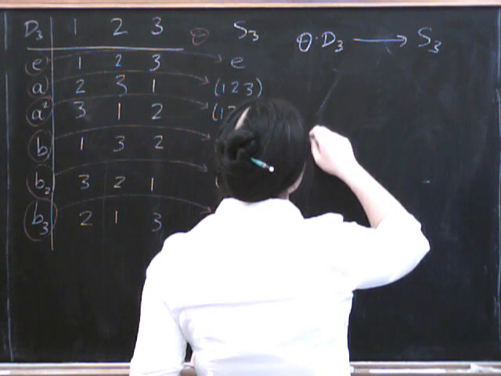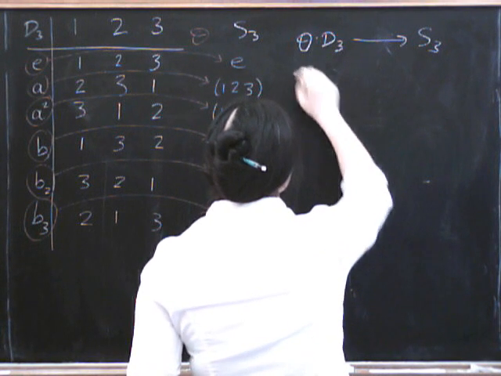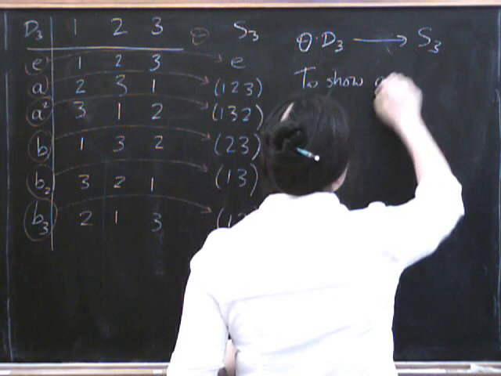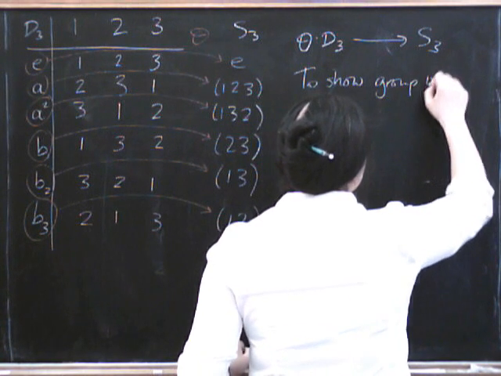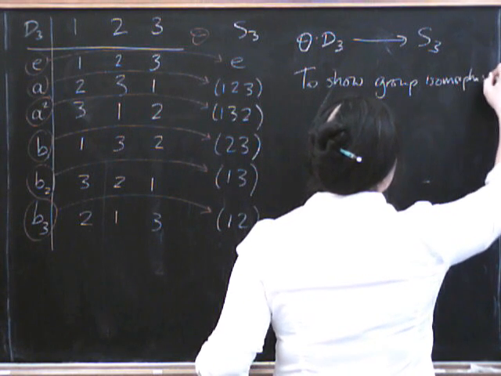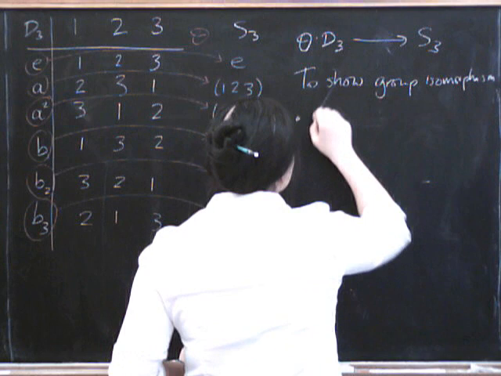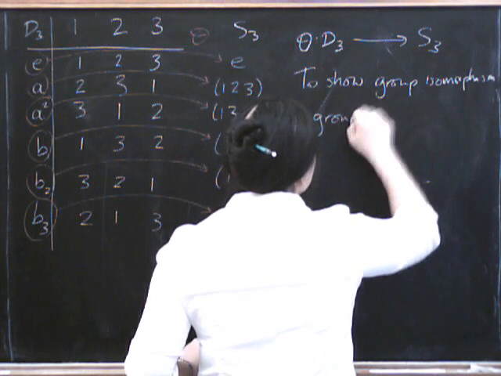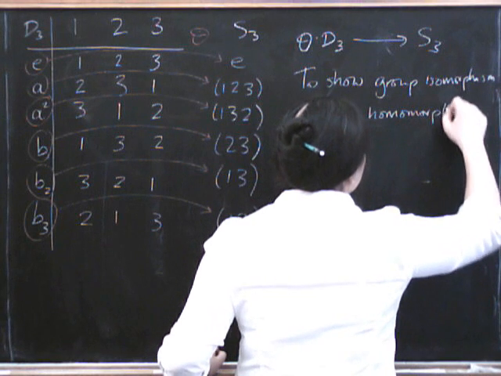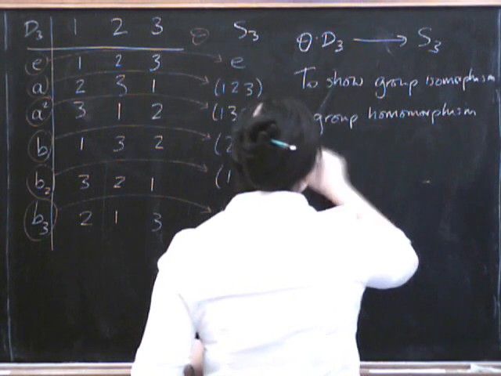So what we have to do to show it's a group isomorphism, we have to show that it's, first of all, a group homomorphism. And we also have to show it's a bijection.